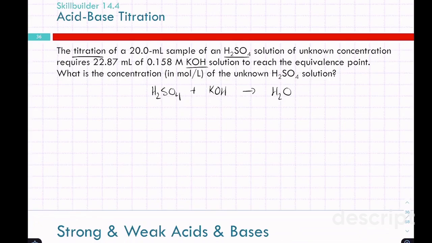Potassium's a metal, yeah. So potassium and SO4. Is it one potassium, two potassiums, three? How many potassiums for every sulfate?